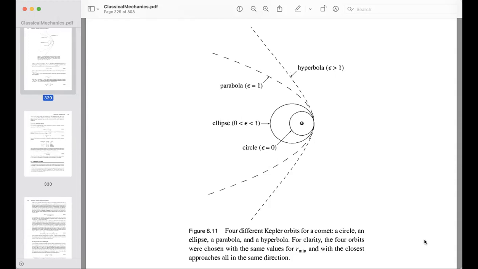By making this transformation to the new type of coordinates, we can simply say that the type of motion we can read off from the energy curve for this effective potential corresponds to 4 different types of Kepler orbits. 2 result in unbound motion, so it means that the object will leave. It will never be bound. And 2 types of orbits correspond to bound motion: one is a circular orbit and the other one is an ellipse.